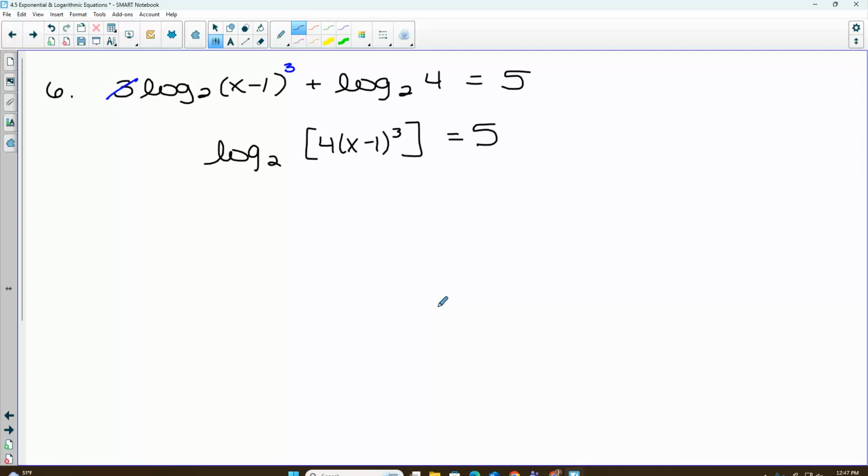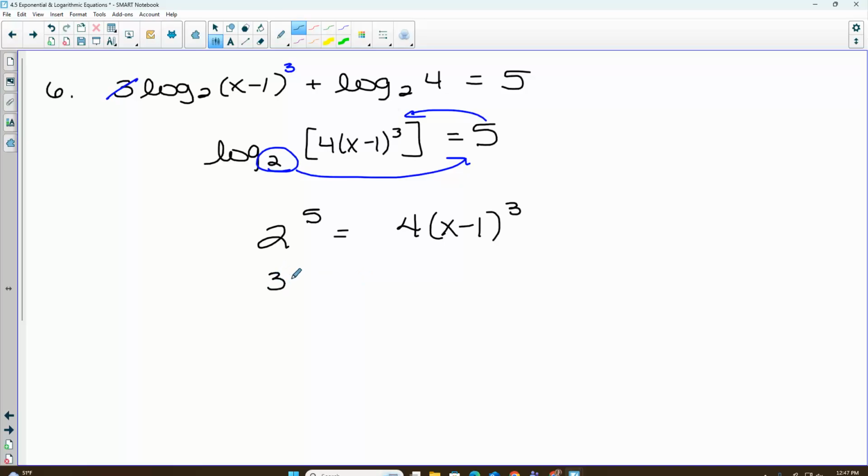Once we get to this point, I have a log on one side. What do we do? Exponential form. Remember, you always start with the base. So it's 2 to the 5th power equals 4 times x minus 1 cubed.